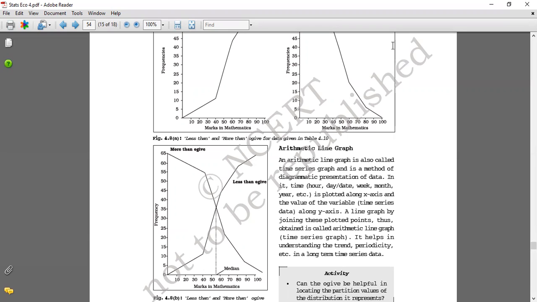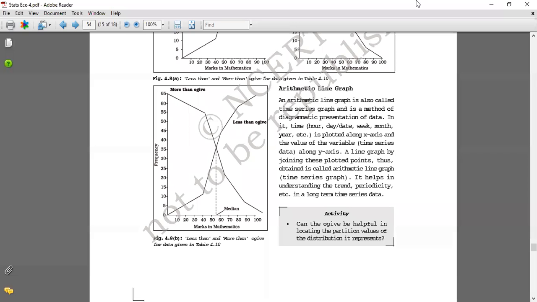On the contrary, for the more than OGIVE, the more than cumulative frequency is plotted against the lower limit of the class interval.